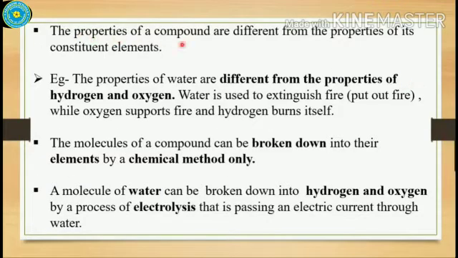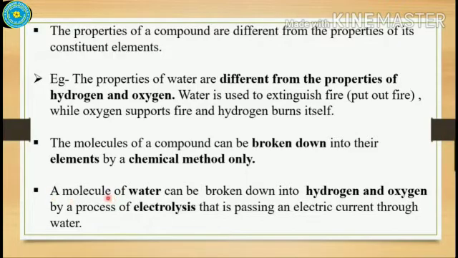The properties of a compound are different from the properties of its constituent elements. That means the properties of water are different from the properties of hydrogen and oxygen. Water is used to extinguish fire, while oxygen supports fire and hydrogen burns itself. The molecules of a compound can be broken down into their elements by a chemical method only.